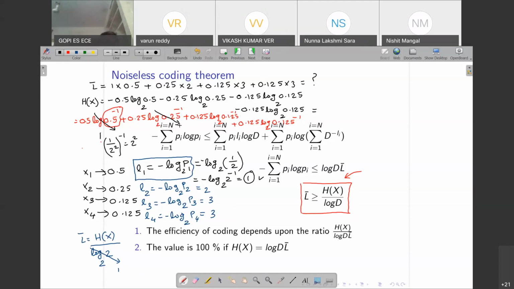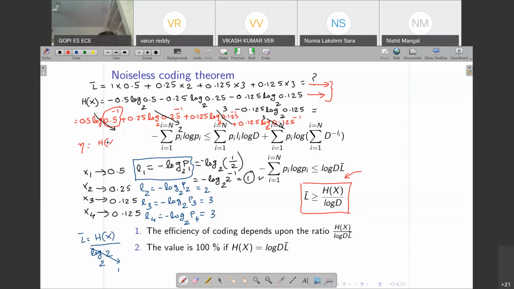But why are we not getting this 100% every time? The reason is we are taking this logarithm base 2. This li is an integer. We want the code length to be an integer.